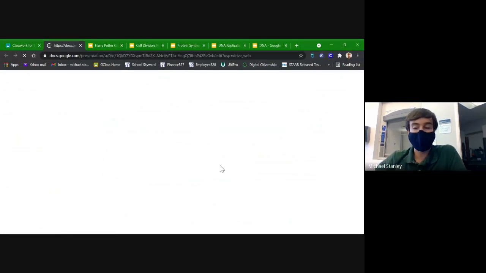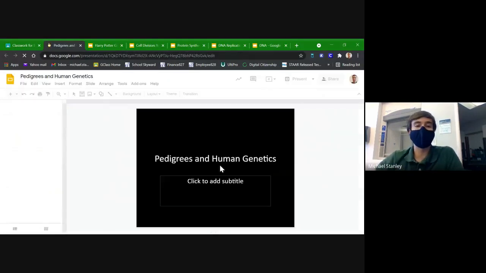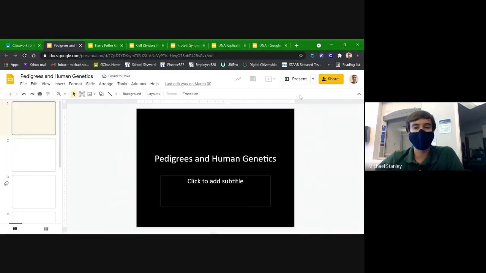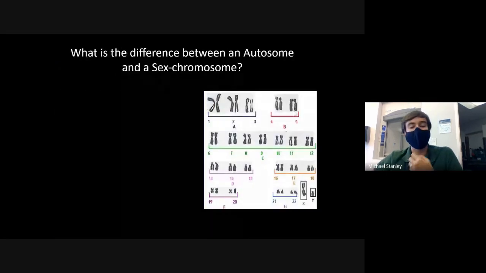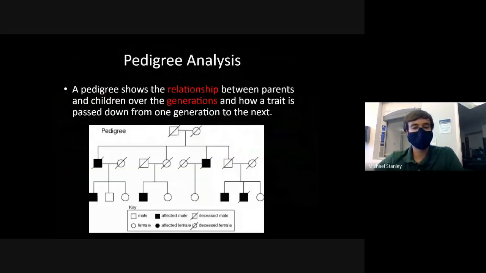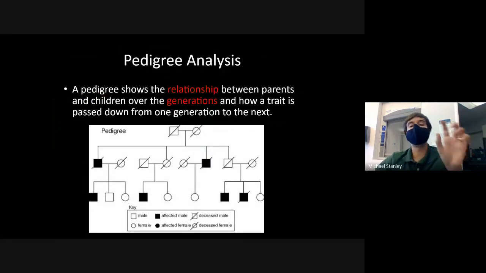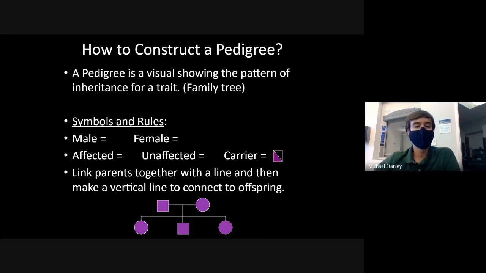All right, the other thing that we talked about having to do with genetics was how to set up pedigrees. So pedigrees work kind of like family trees in order to show which family member got a certain trait.